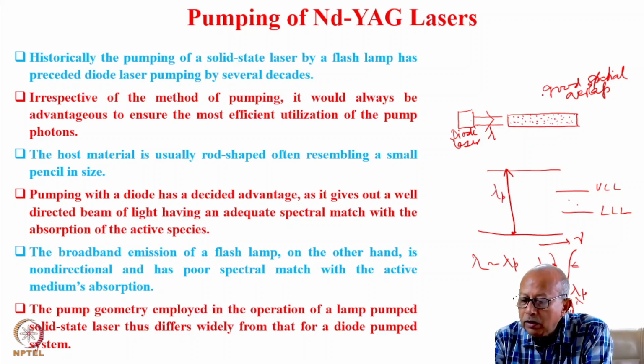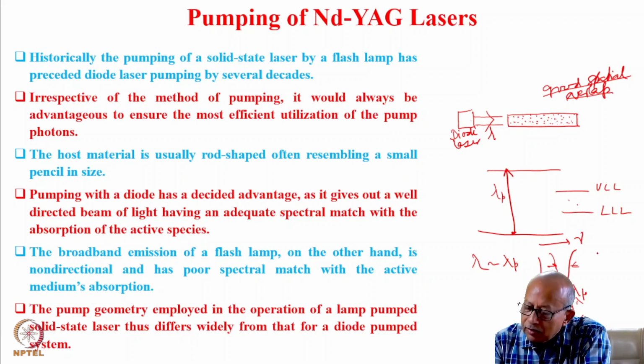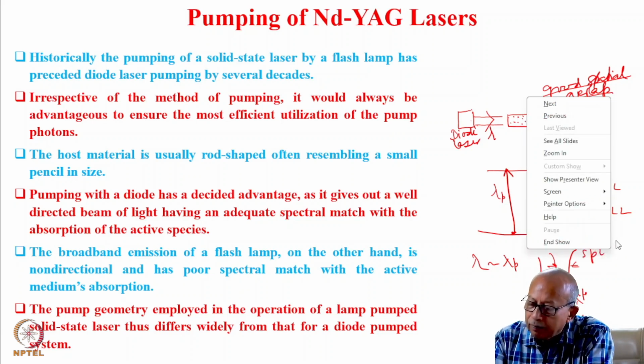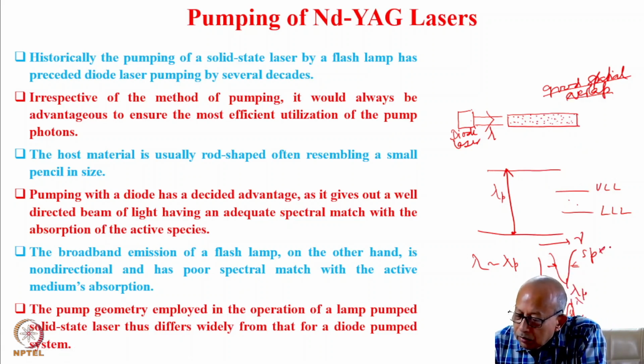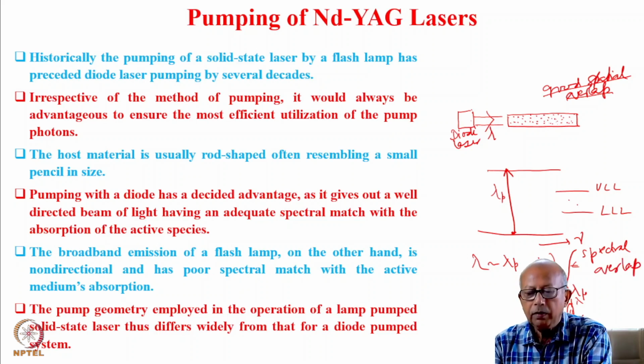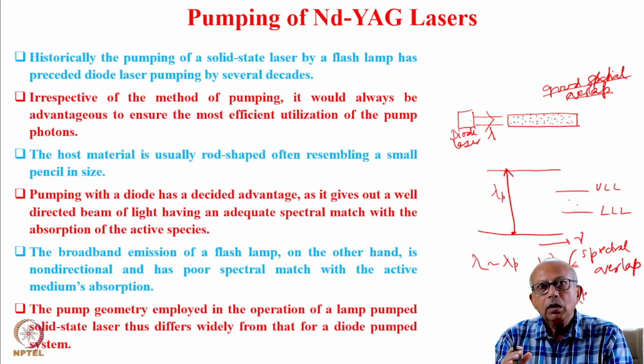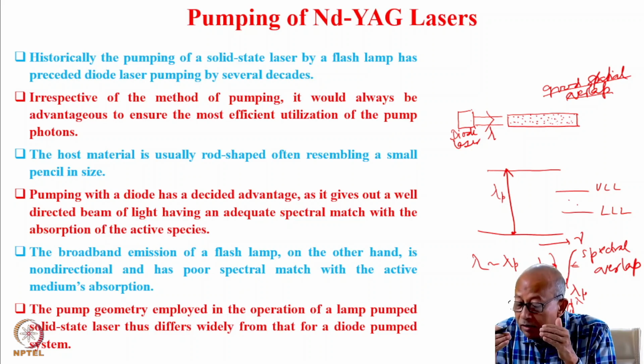So not only is there a good spatial overlap, but there is an excellent spectral overlap as well. So it will be a very efficient utilization of the pump photons.